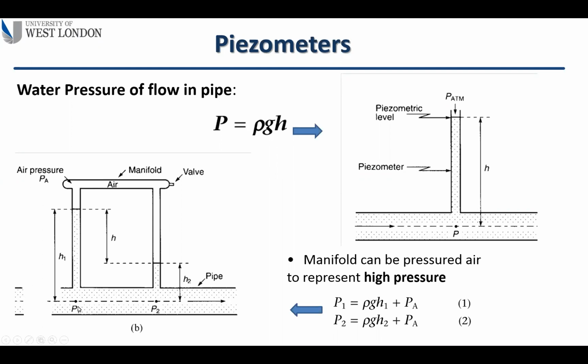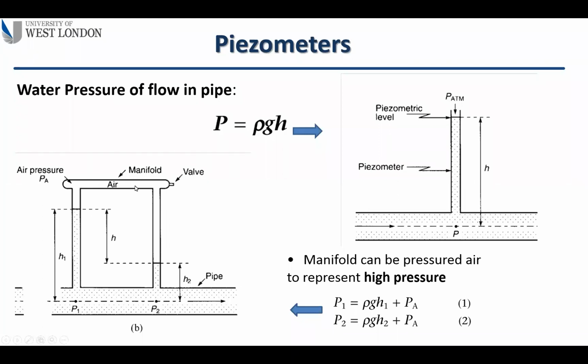We can write the pressure at point 1: P1 equals rho g H1 plus PA, where PA is the air pressure here. At point 2, we can write P2 equals rho g H2 plus PA, and PA is the pressure at the top.